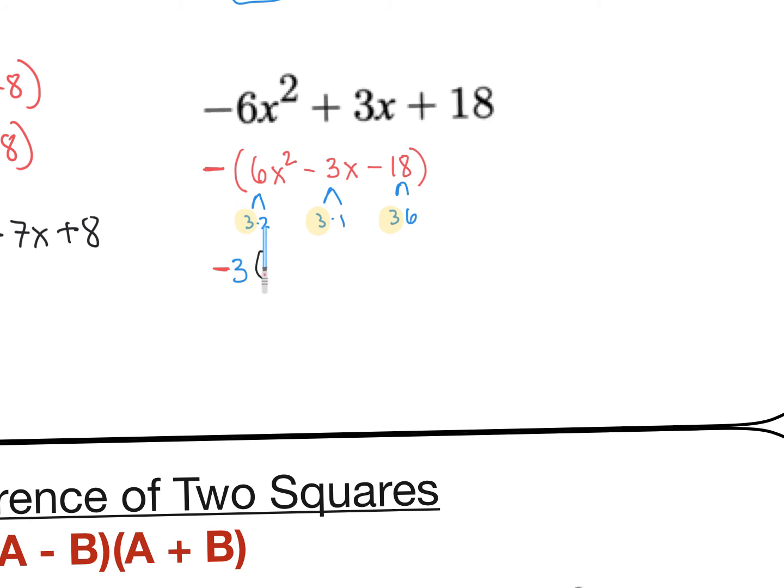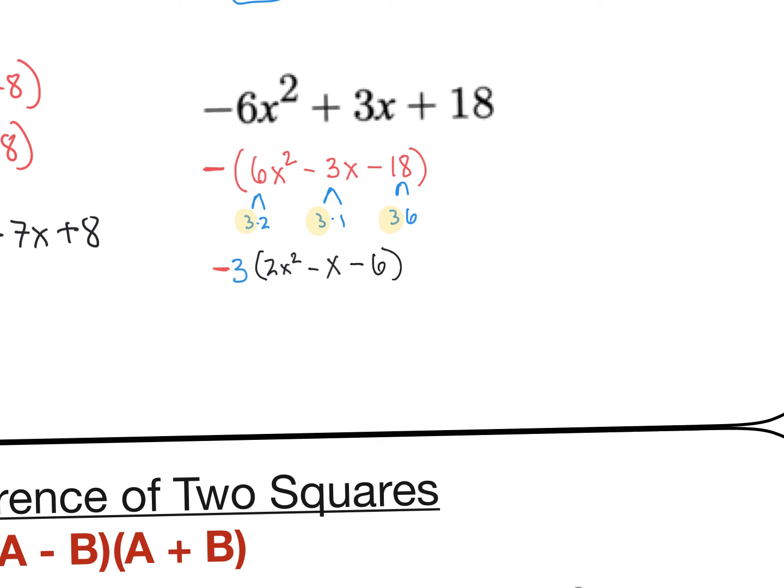So this is going to give us 2x squared, and a negative 1x, or just a negative x, and finally a negative 6. So we go over here, and we got ourselves a negative 6.